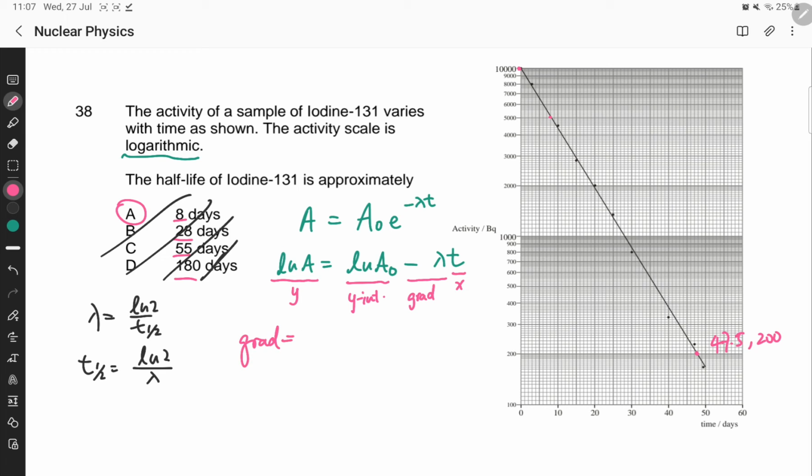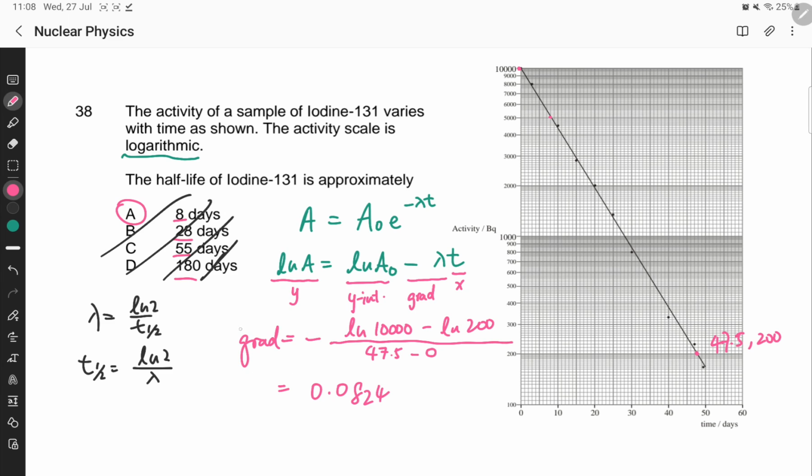So the gradient will be equal to negative of ln 10,000 minus ln 200, divided by 47.5 days minus 0. That would give us 0.0824.